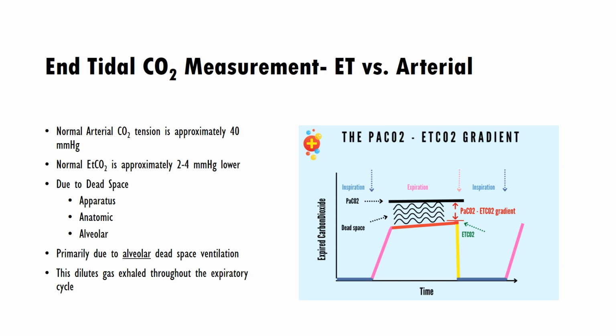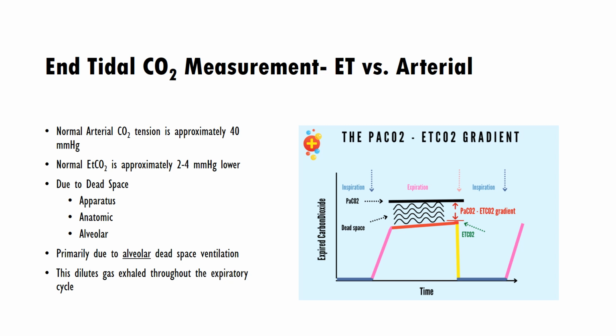Now, there are different types of dead space, and dead space comes from different areas, namely apparatus, which includes the endotracheal tube all the way up to the Y piece. Anatomic dead space includes the trachea and the bronchioles that do not have alveoli attached, where normally no gas exchange takes place.